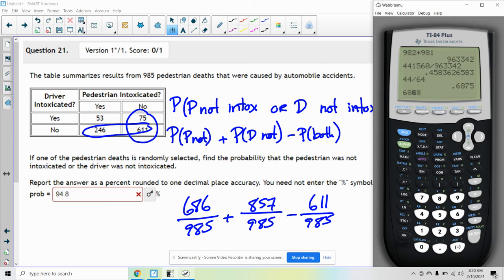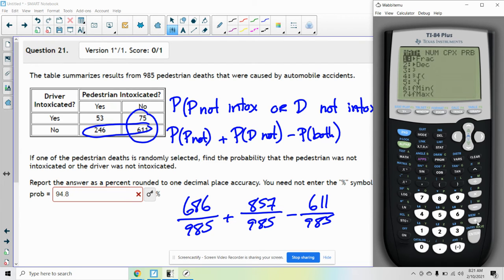686 divided by 985 plus 857 divided by 985 minus 611 divided by 985. Nope, nope, nope. I want the 611. There we go.